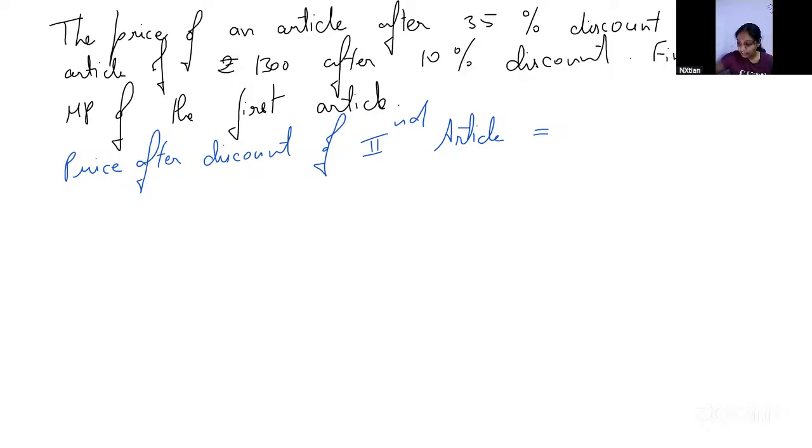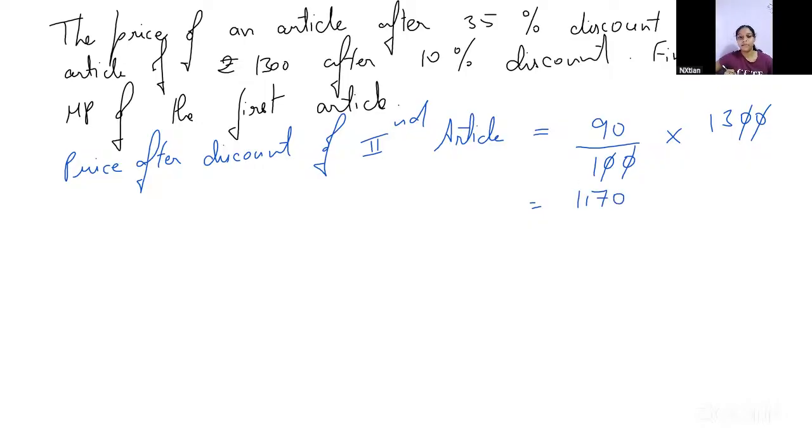We will take 90% upon 100 of 1300. Cancel, multiply 90 into 13. We will get rupees 1170.